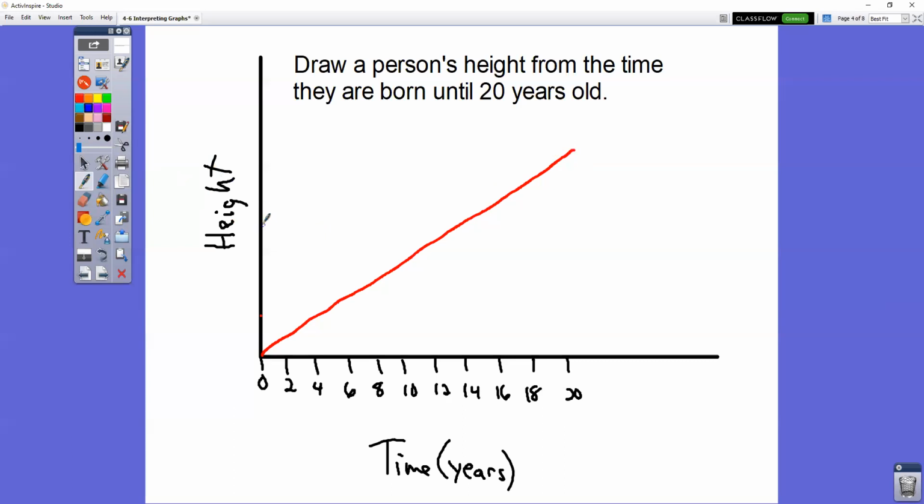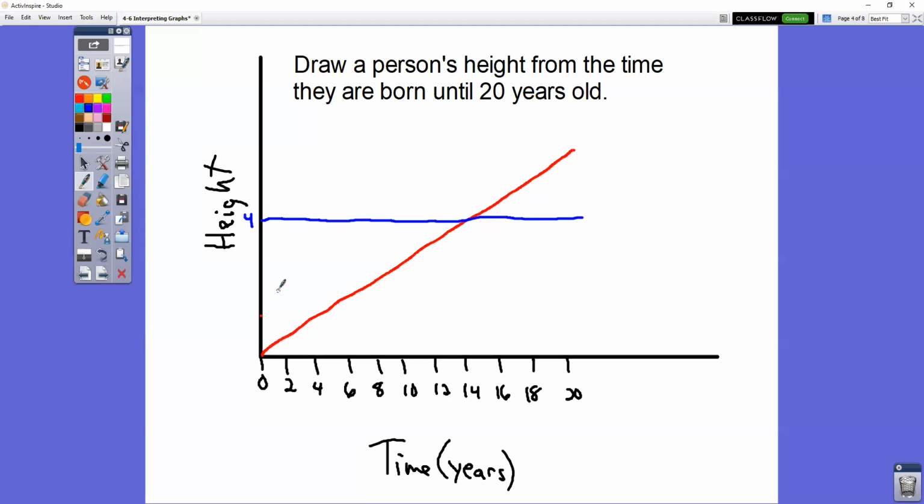Take a look at this one. Let's think about this blue line for a second. Imagine that line goes straight across. It's hard for me to draw a straight line. Let's say this is approximately where 4 feet would be. Would a person be born at 4 feet tall and remain 4 feet tall their whole entire life? No, that doesn't make any sense.